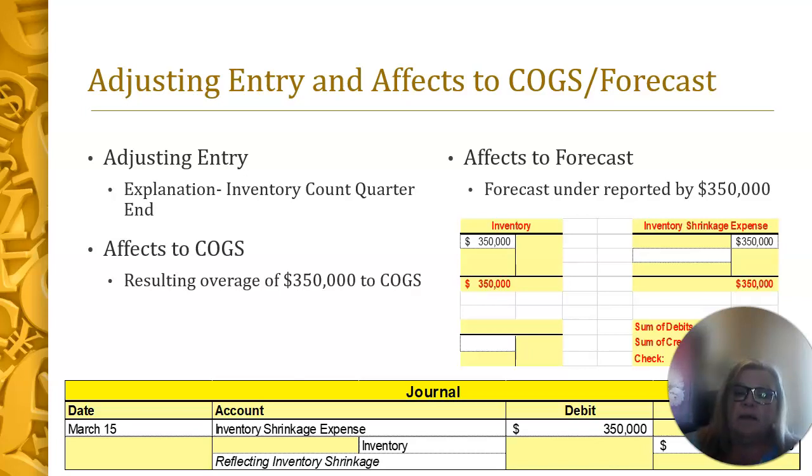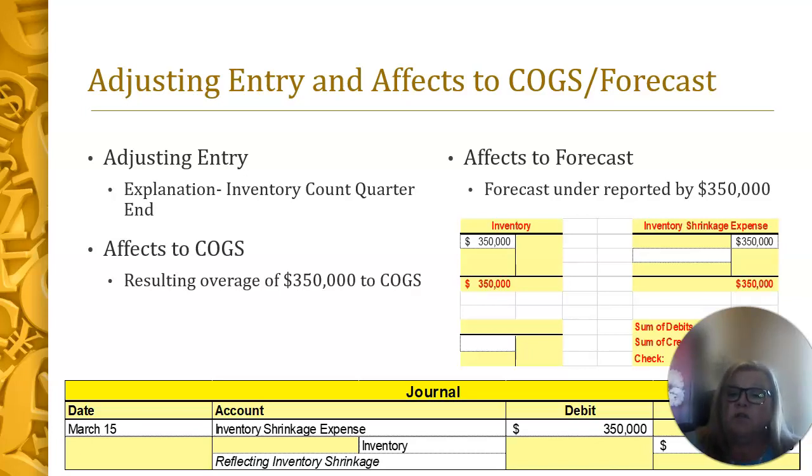Then we want to look at, in this case, there was $350,000 more that was spent on supplies, specifically insulation for refrigerators, than what was forecasted. So that created a shrinkage, or less inventory than what was expected, but it also has impacts to the cost of goods sold.